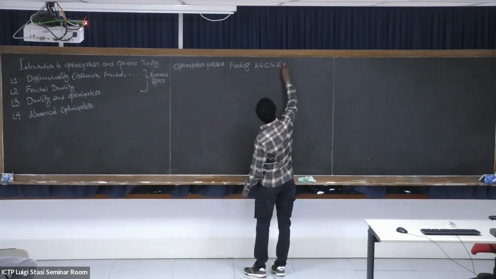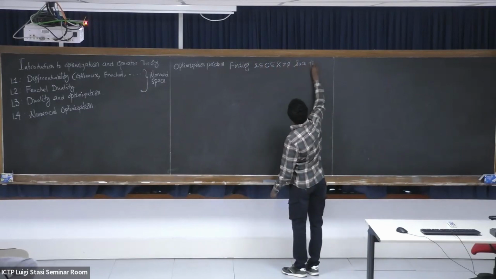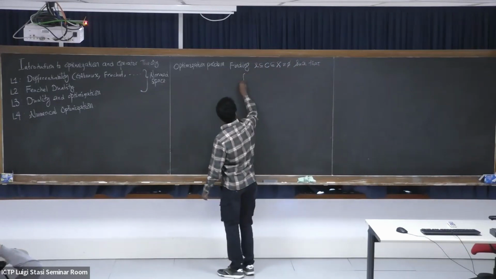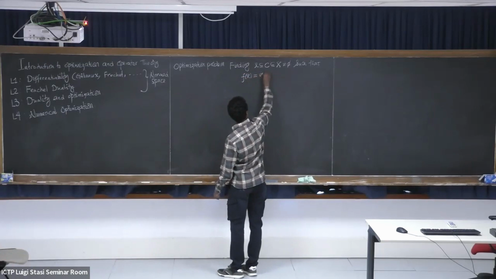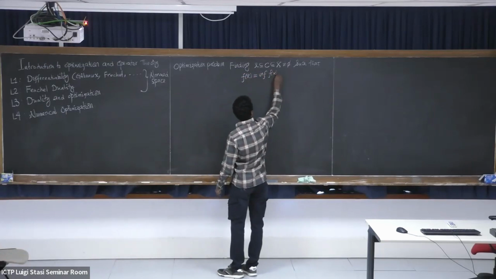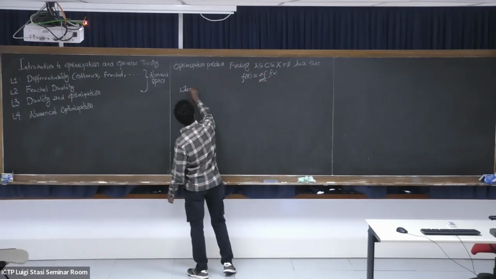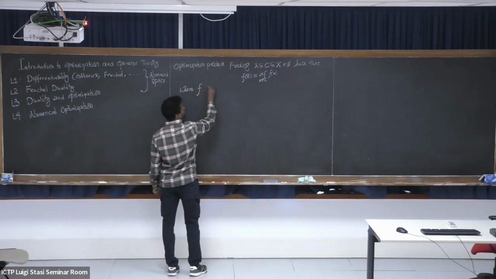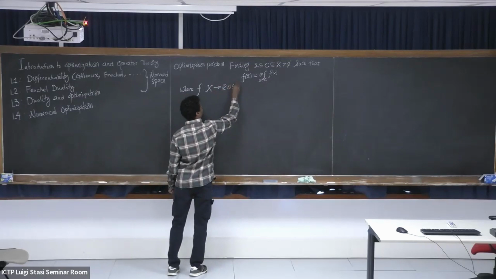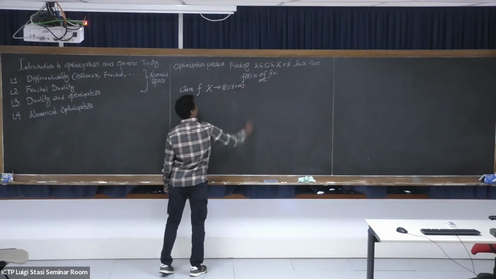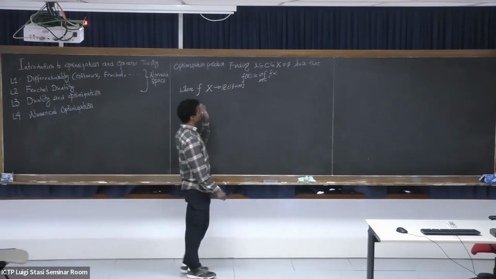where X is a nonempty set, such that the value of f of x is the infimum over this set, where the function f maps from X to R. X may be any set.